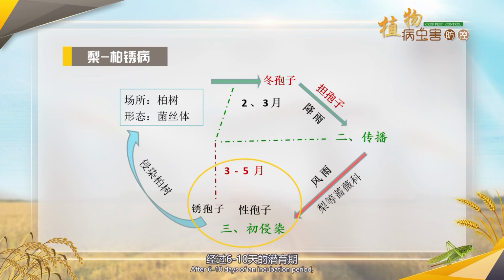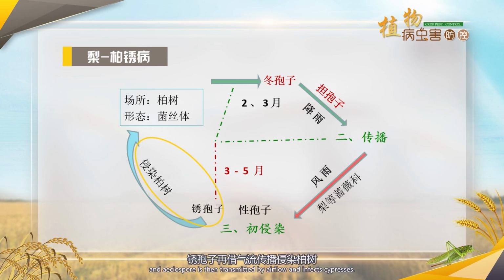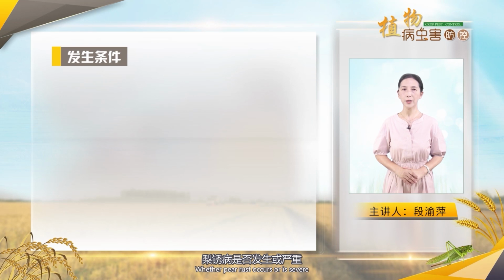After 6-10 days of an incubation period, it causes rust and successively produces spermatium and aeciospore. This disease course occurs from early March to early May, and aeciospore is then transmitted by airflow and infects cypresses. It overwinters as mycelium.